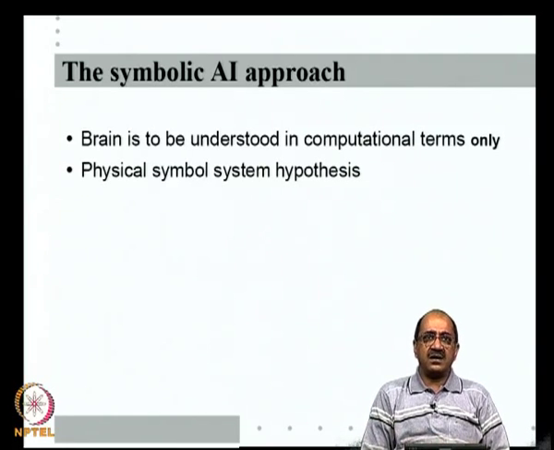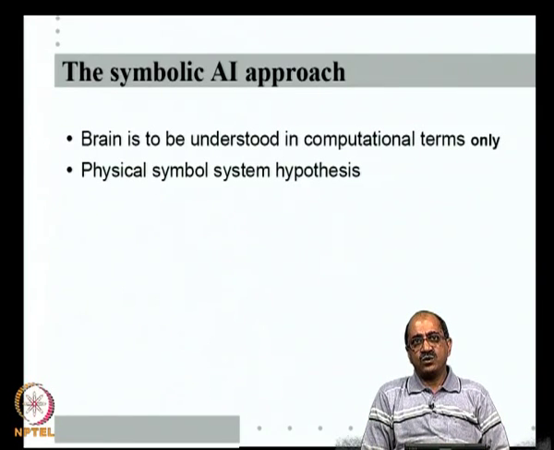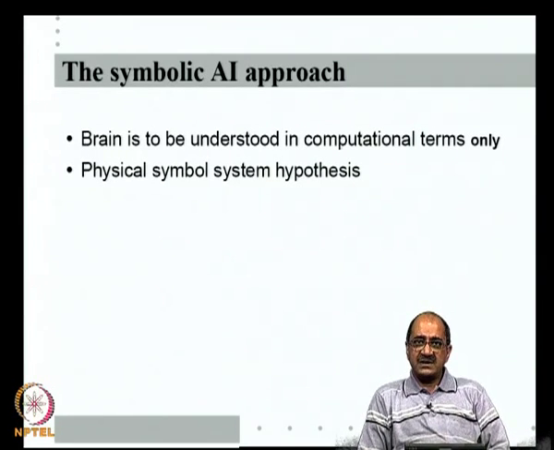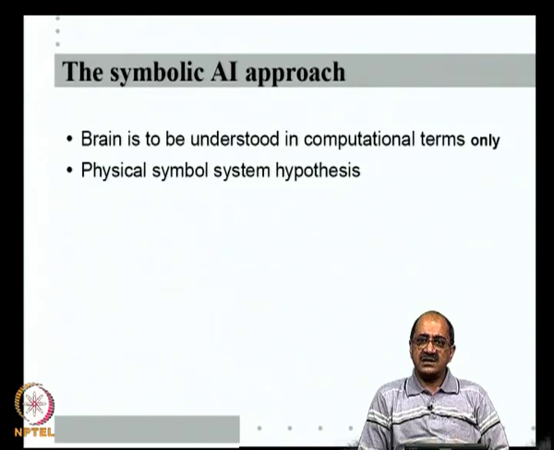This is often reified into what is called the physical symbol system hypothesis. What the hypothesis says is that any physically realizable system that is capable of creating, storing, modifying abstract symbols is in principle capable of intelligent behavior.